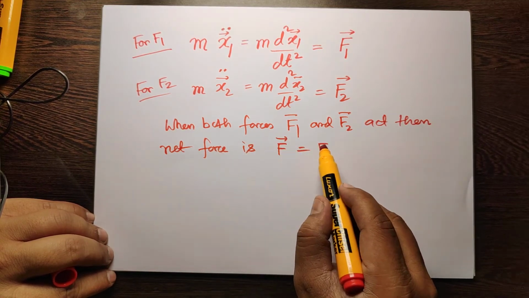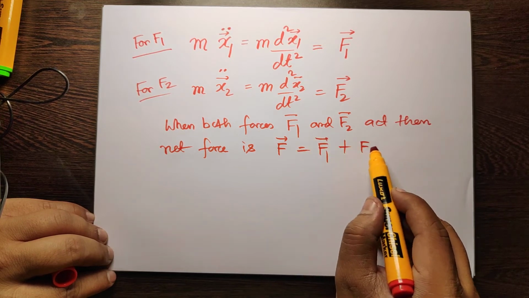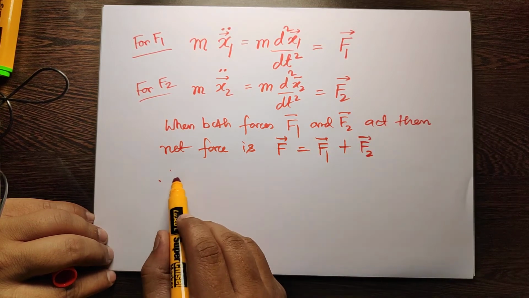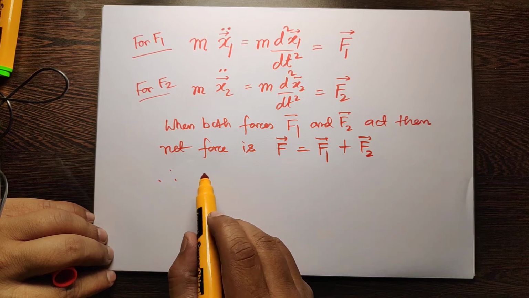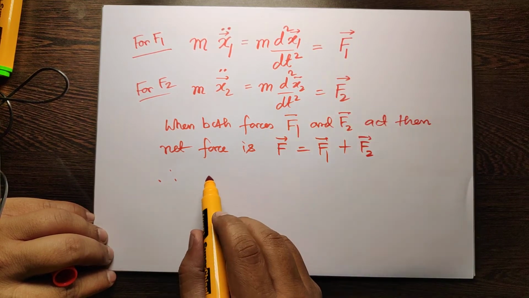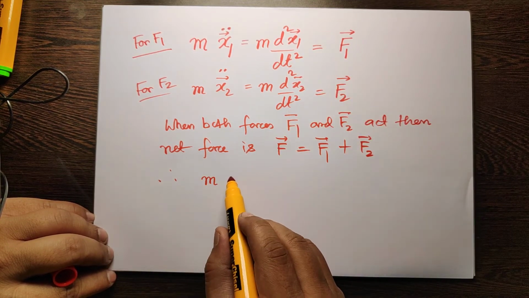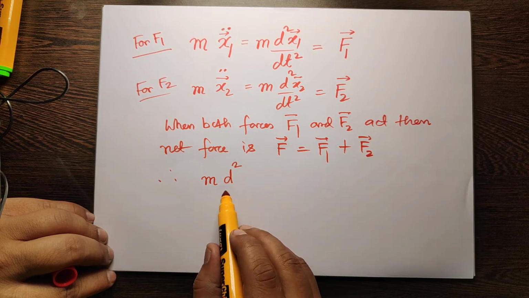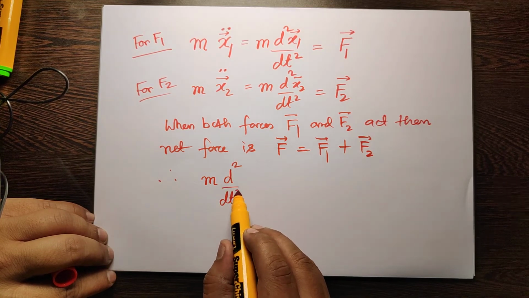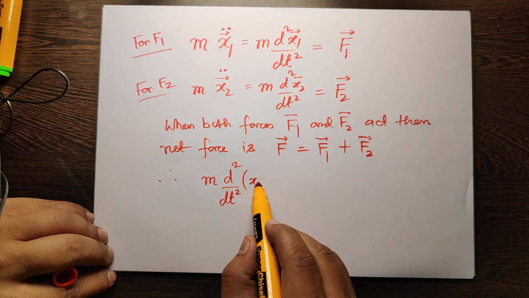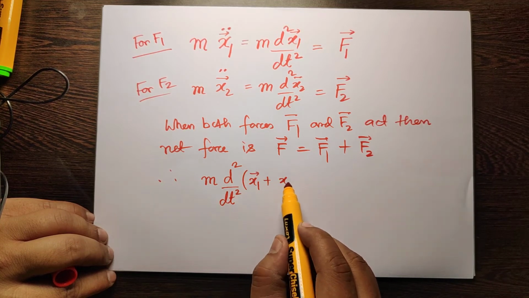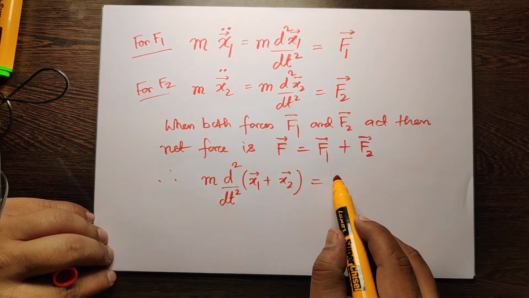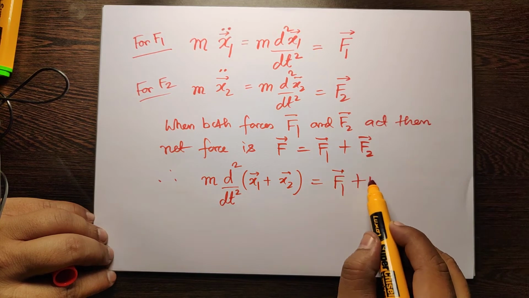F equal to F1 plus F2. Therefore, from these two differential equations, if you add, it is m d2 of x1 plus x2, and this is equal to F1 plus F2.